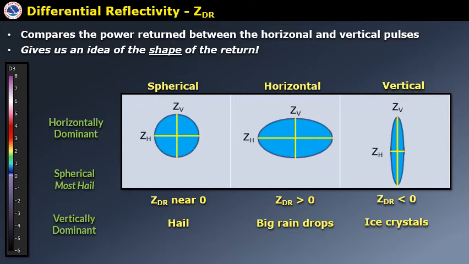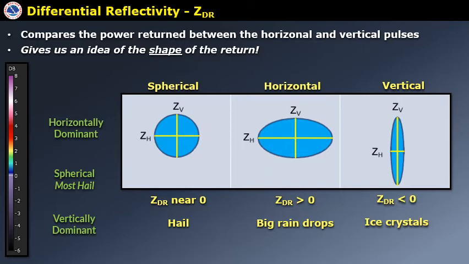A ZDR near zero indicates that the power returned in the horizontal and vertical are essentially the same, and this suggests that the target is largely spherical. Typically, these types of hydrometeors are hail, or they can be very, very small raindrops.